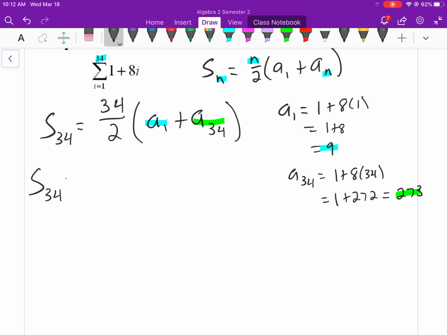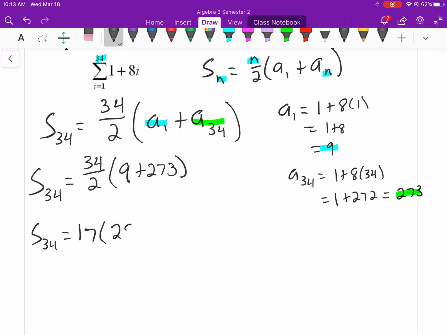So S sub 34 is equal to 34 divided by 2 times 9 plus 273. Go ahead and plug that into the calculator. It ends up being 17 times 282, or 4,794.